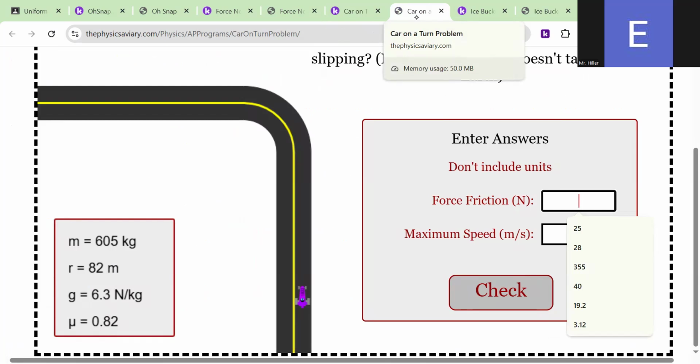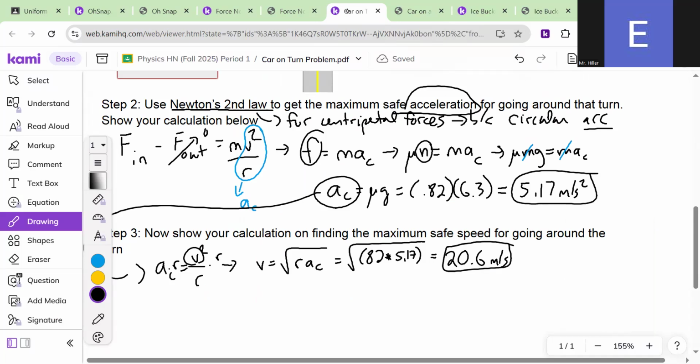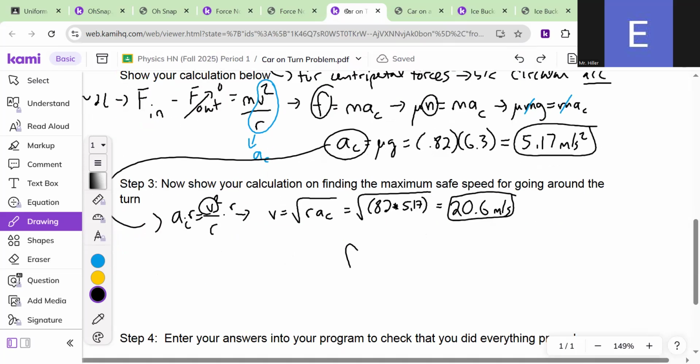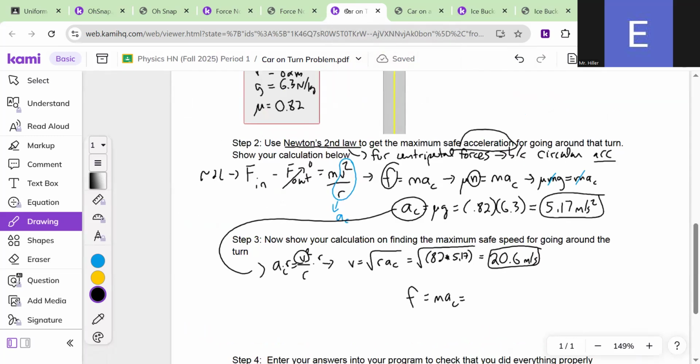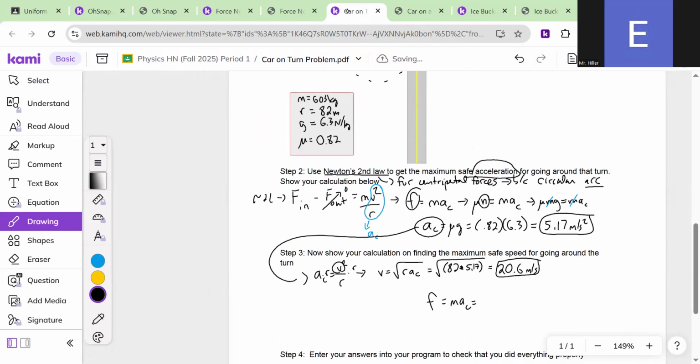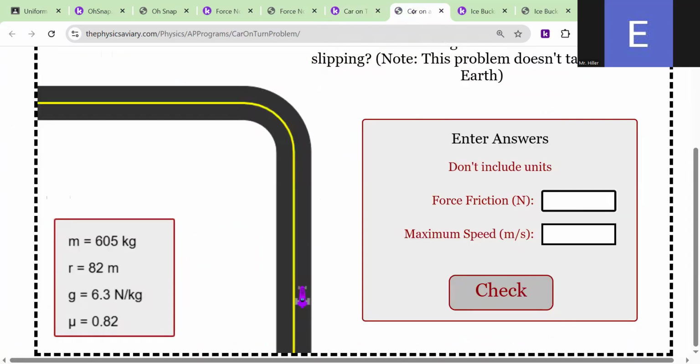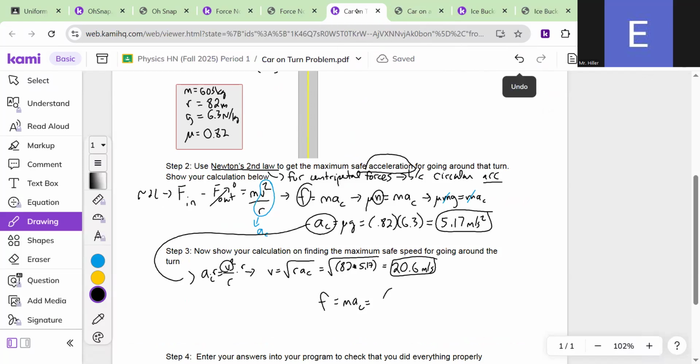Oh, we have to find force friction and max speed. Okay, we can do that. Force friction is going to be mass times ac. So to find force friction, all I have to do is multiply mass times my centripetal acceleration. Now the mass is involved, which is, I can't even read my own writing, it's 605. So it's going to be 605 times 5.17.